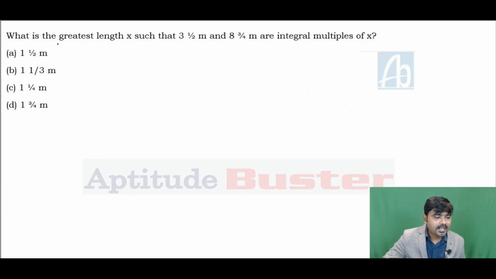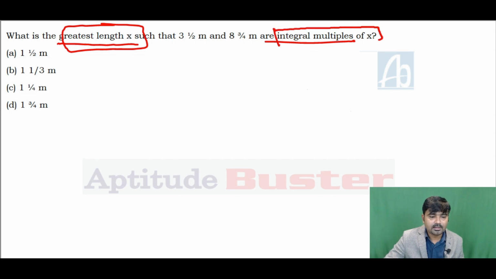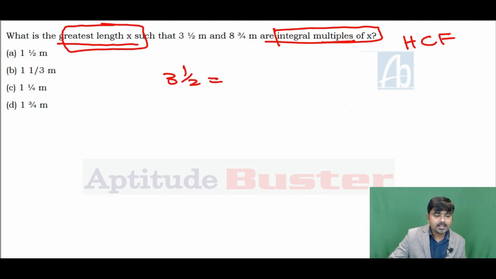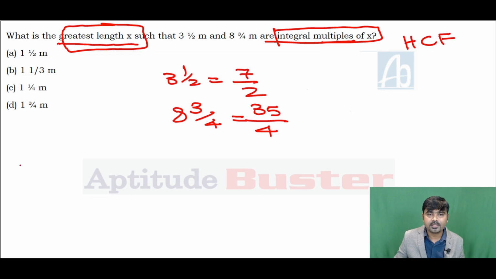What's the greatest length of x such that 3 1 by 2 and 8 3 by 4 meter are integral multiples of x? Greatest length of x and integral multiples of x. That's a very simple one. They are just asking you to find out HCF, highest common factor. Okay, 3 1 by 2 can be written as 7 by 2. 8 3 by 4 can be written as 35 divided by 4. How can you find out HCF of these two?